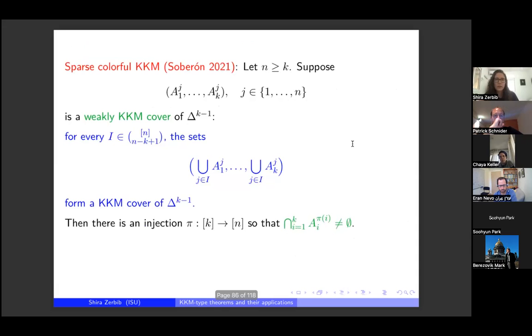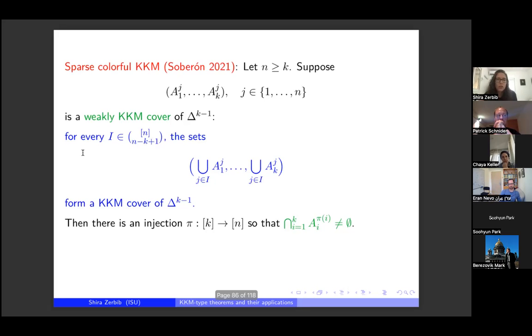So here is the theorem. Now we don't have KKM covers, but we have sets A1 to Ak that form what we call a weakly KKM cover of the k-1 dimensional simplex. These families of sets are indexed by j, an integer between 1 and n.